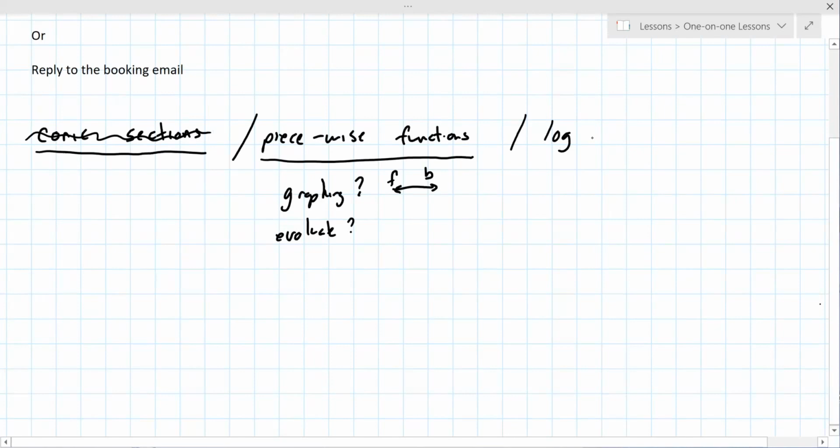Okay. Oh, and then it's converting logarithm problems. Okay.